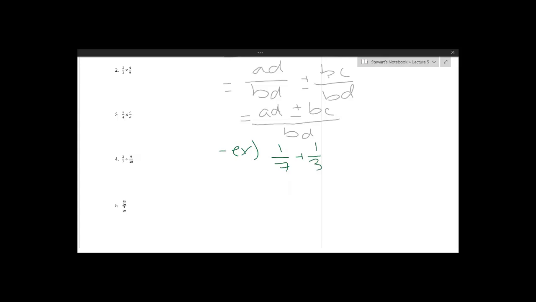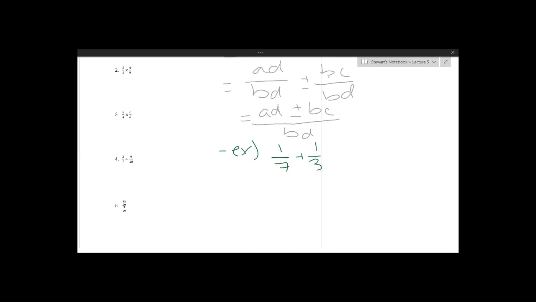Now we can't just add these together as is, because we don't have a common denominator here. We don't know how much of a whole we're talking about. The reason we have to think about it with a common denominator is that when you're adding fractions together, you're adding parts of a whole together.